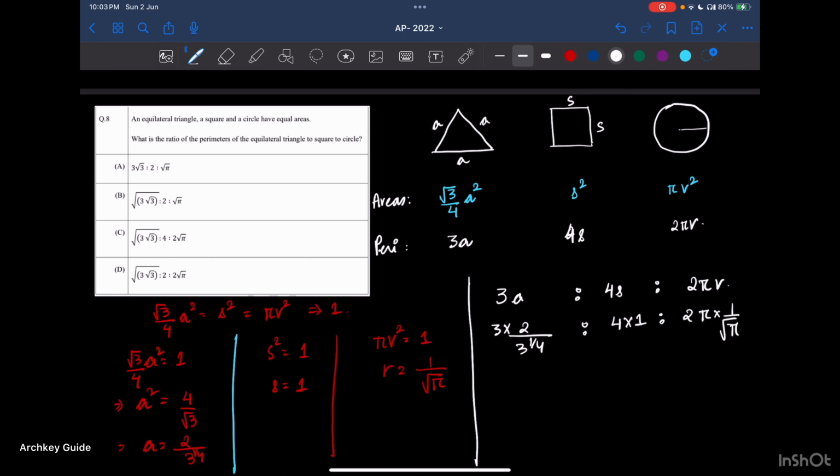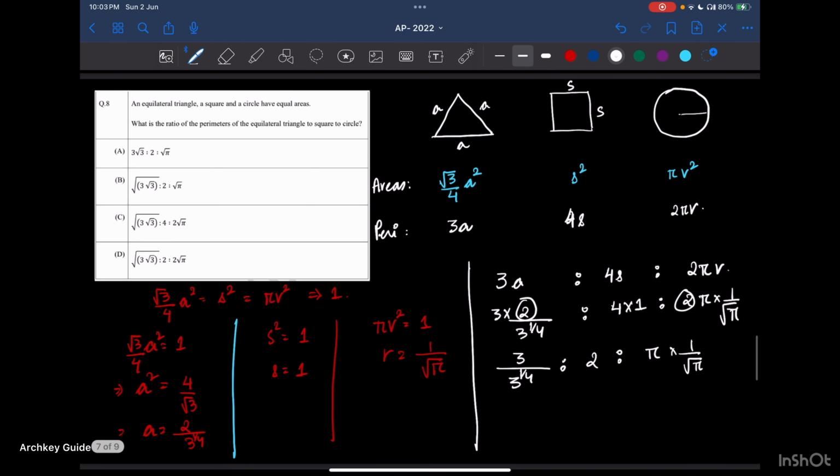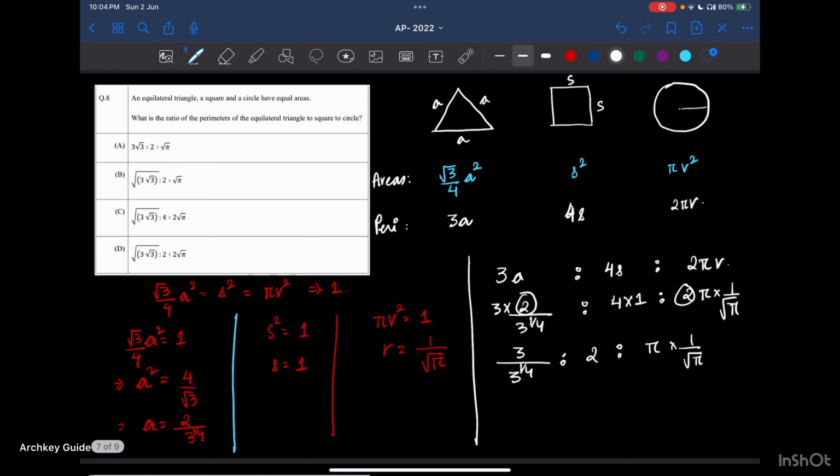So I see one thing common here is 2 here. So I'm going to cancel it out. This would become 3 by 3, 1 by 4 is to 2 is to pi into 1 by root of pi. Okay? I'll erase this.